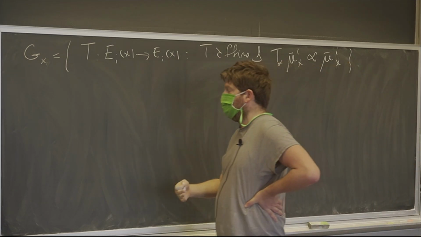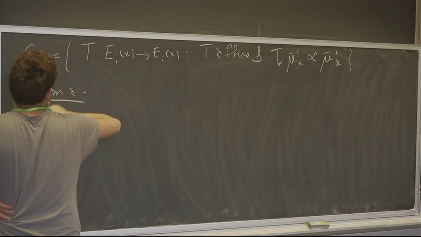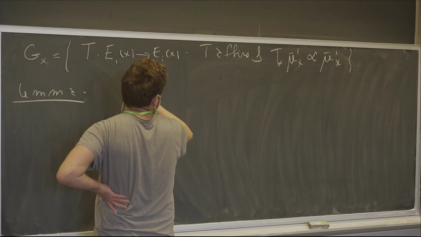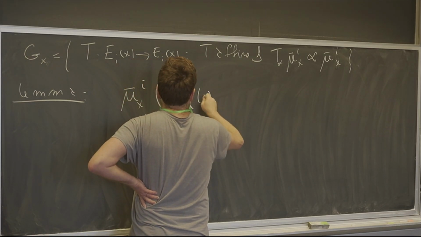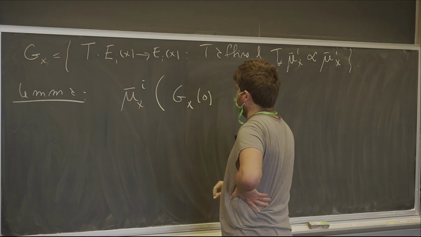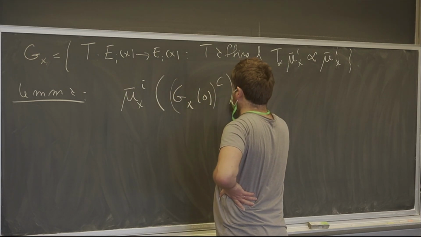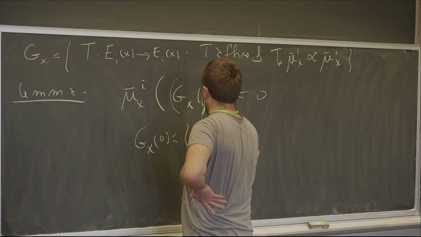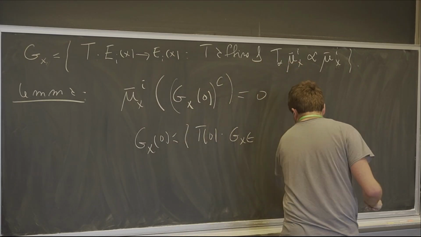And the main lemma is the same as in the linear situation, which claims that the mu bar of the complement of the G orbit of 0 is 0. Oops, this is Gx.